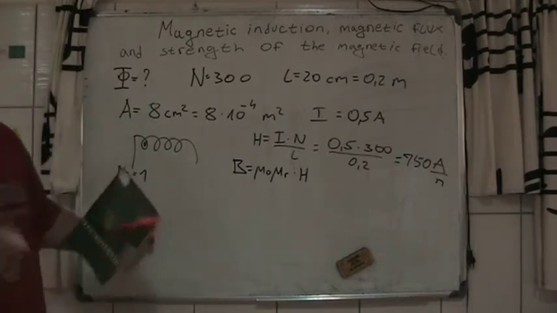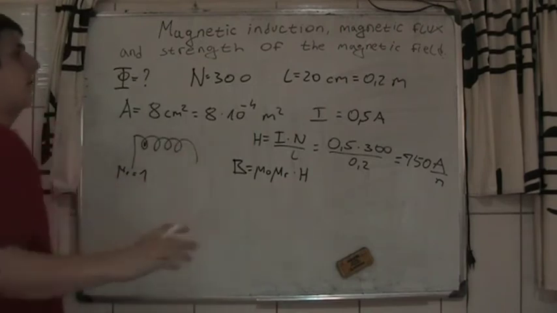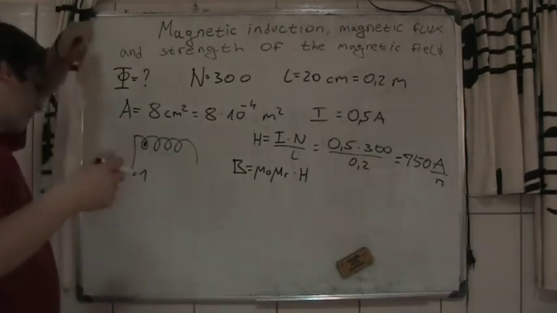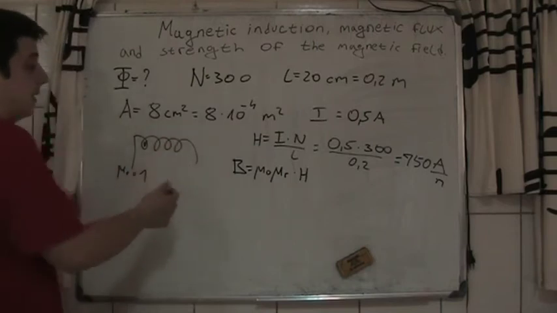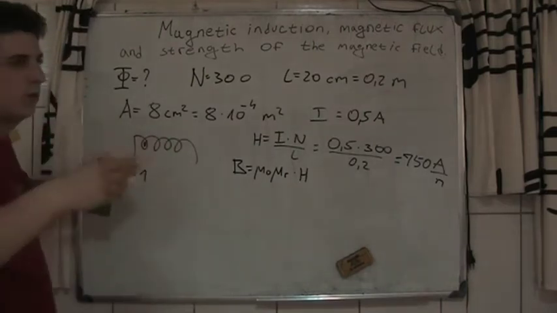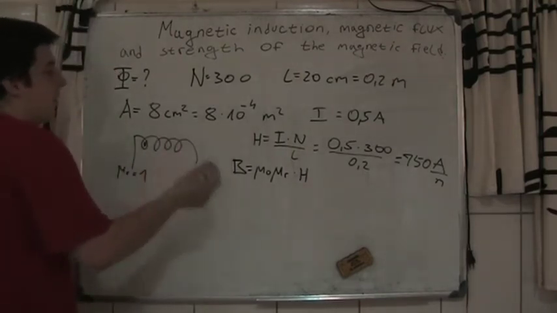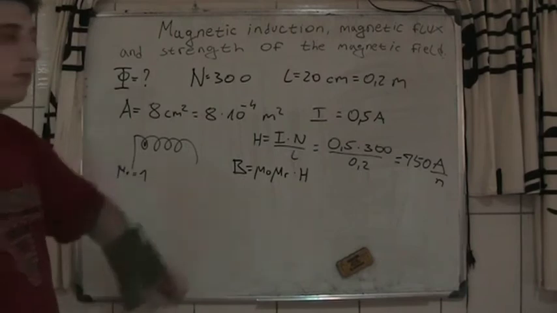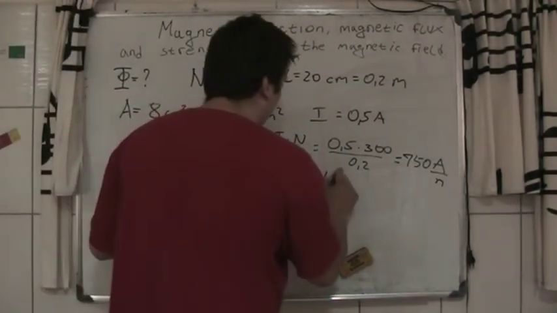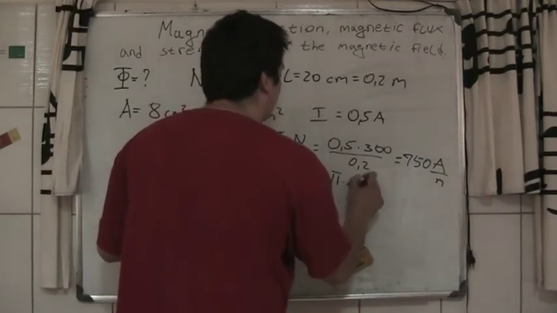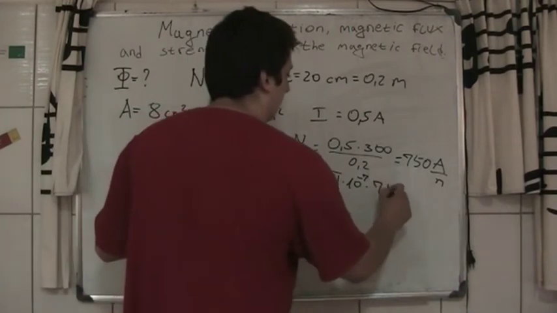The relative permeability of the space where the solenoid is, in a vacuum or in air, is 1. Now you have 4 pi times 10 to the minus 7 times H, which is 750.